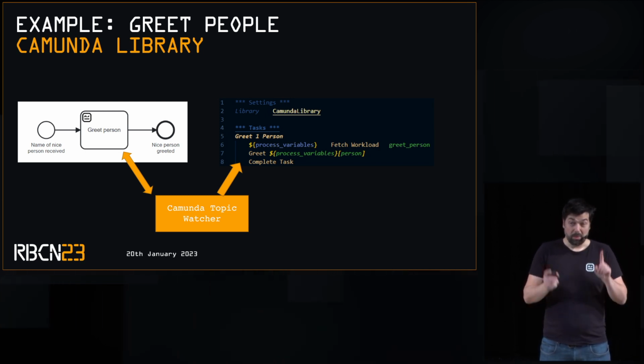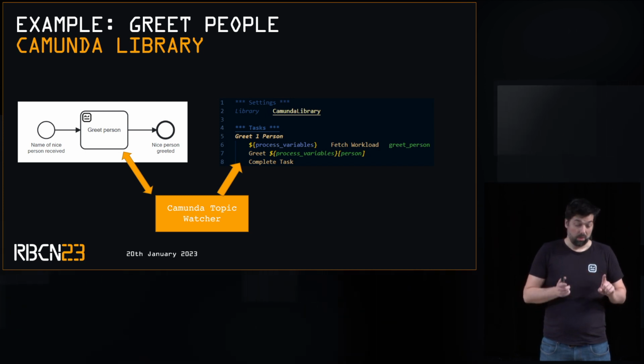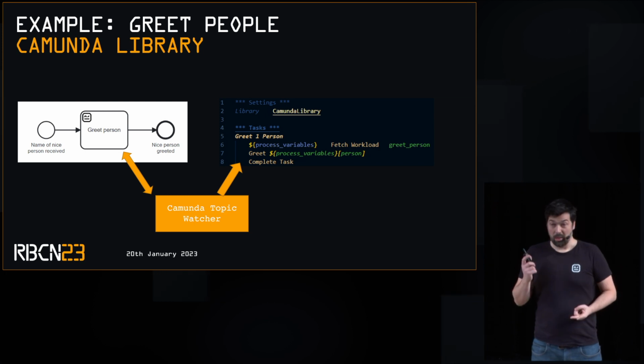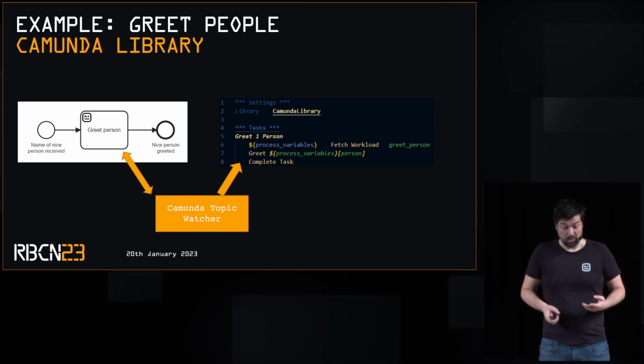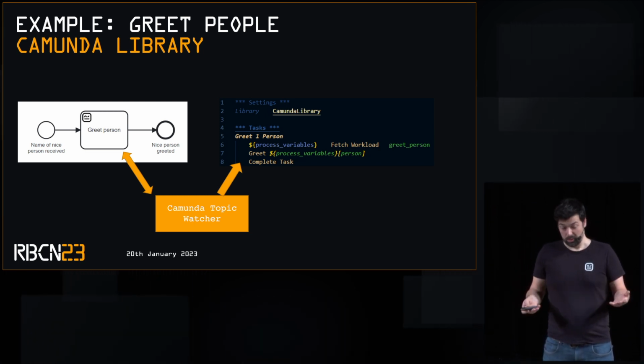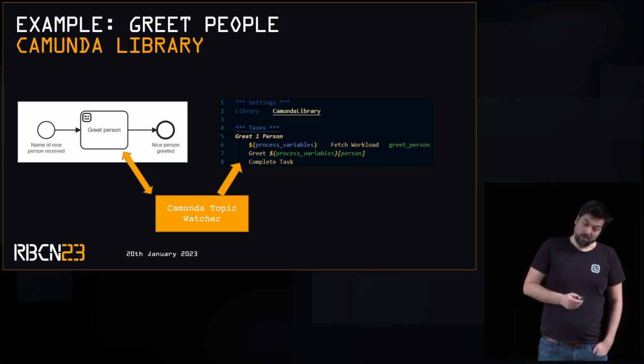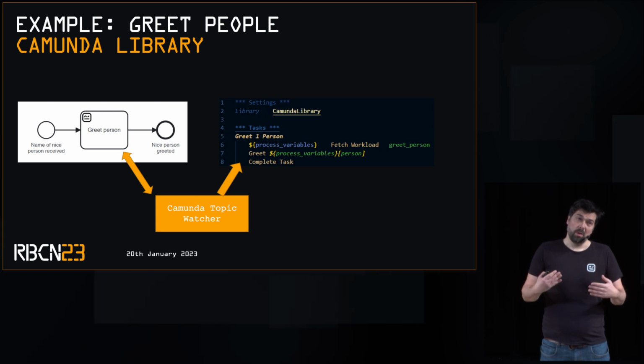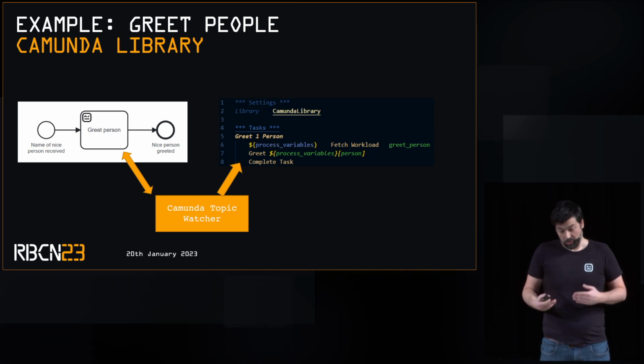That's much shorter, but still you need to learn the Camunda REST API, basically. You need to learn how it works, what fetching means, what completing means, how do you raise errors. So from an automation perspective, that puts another layer of complexity on top.